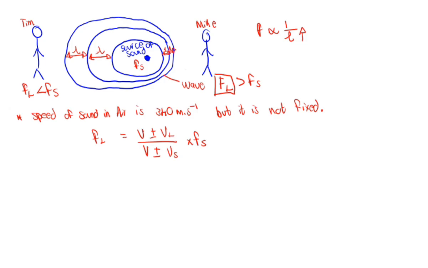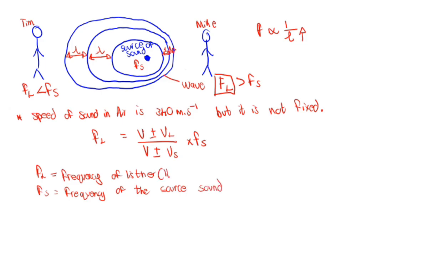So let me just say f_L is the frequency of the listener, right? f_S is the frequency of the source of sound, and remember that frequency is measured in hertz, okay?